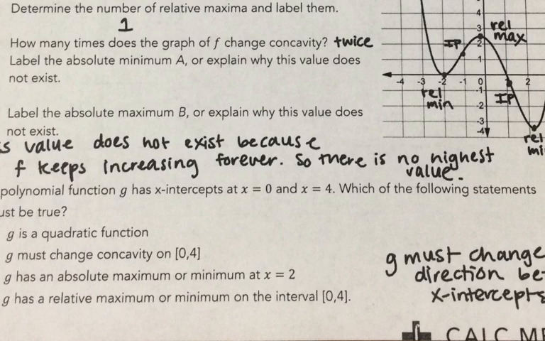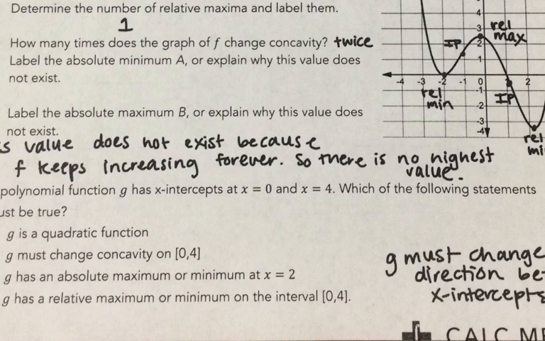Or, okay, what if I cross at 0? Well, if I cross at 0, what has to happen? It still has to turn back at some point to get to 2, no matter what. So there has to be a max or min. The only way there wouldn't be a max or min is if at 0 and 4 it was horizontal.